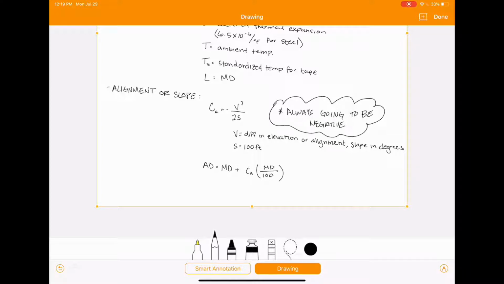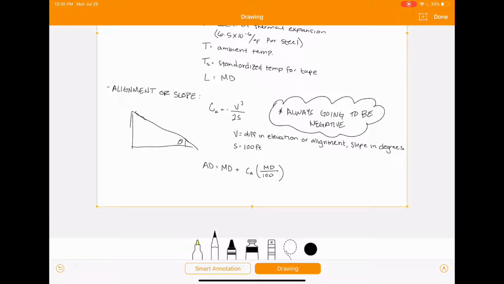That's important to remember. V is the difference in elevation or alignment, or the difference in slope in degrees. So if you are measuring on some slope, then it's going to be this incline angle here.